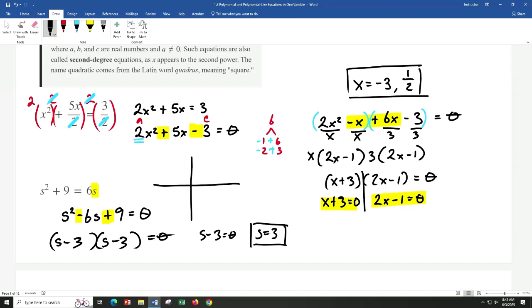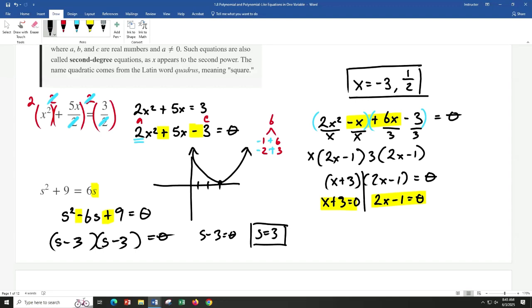Because I know this is a positive quadratic, I know that its vertex is sitting at 3, and it would look like that. Notice it sits exactly on the x-axis. It doesn't drop beneath it where you're getting two answers, it's just sitting right on top of it. That's why it does that, okay?